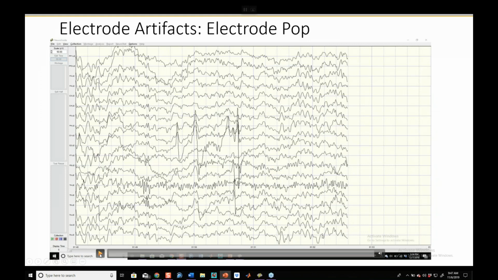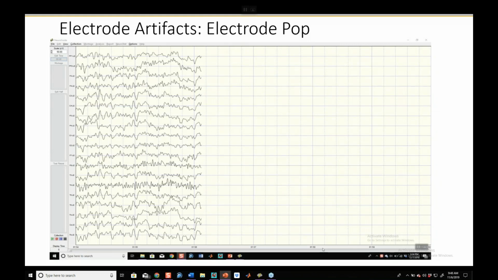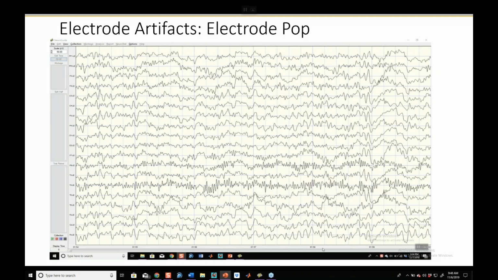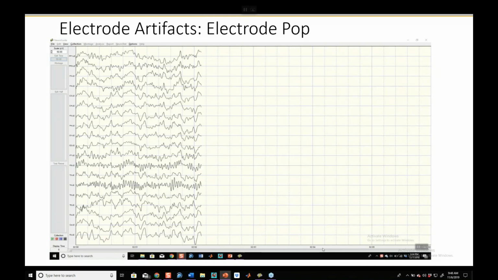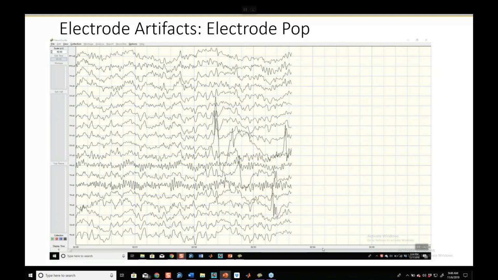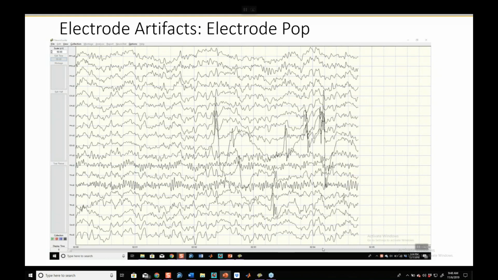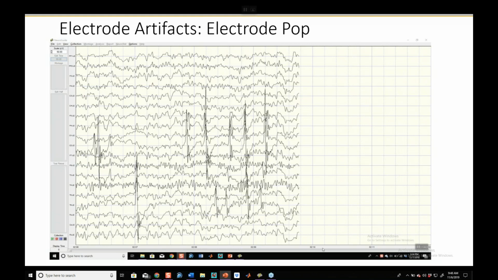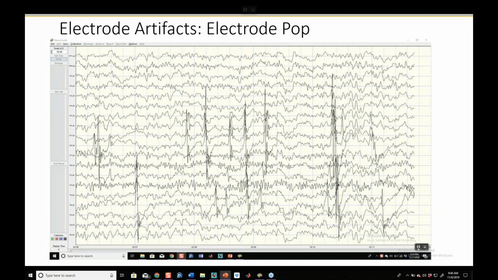Here's another record that is a sneaky one, electrode pops. So a pop and a loose electrode, they're certainly in the same family. Oh, there it goes. Whoa. O2 is really doing its own thing. Right.